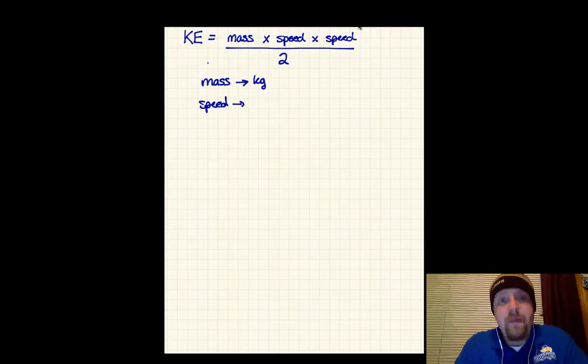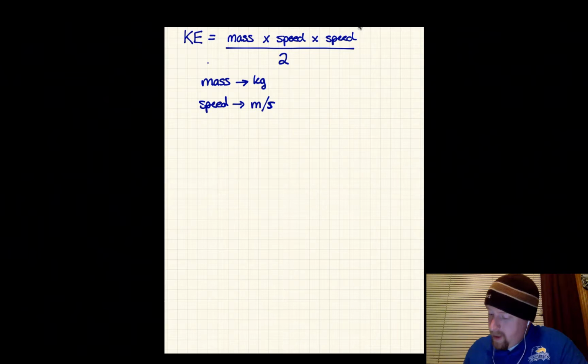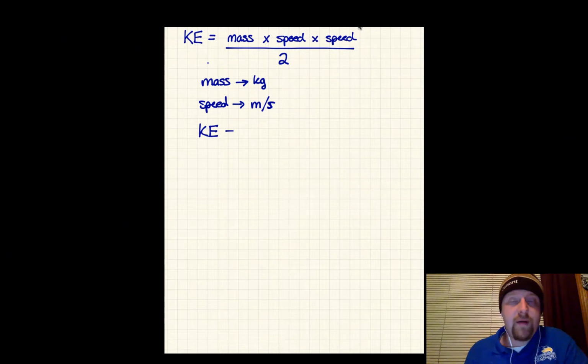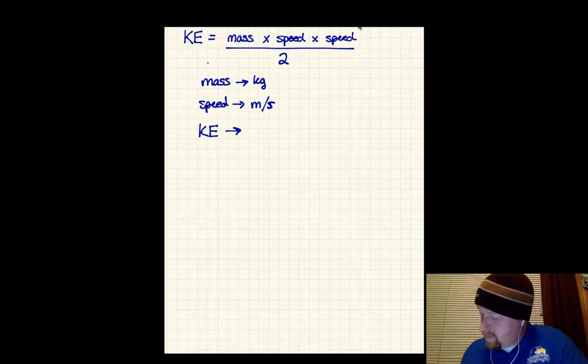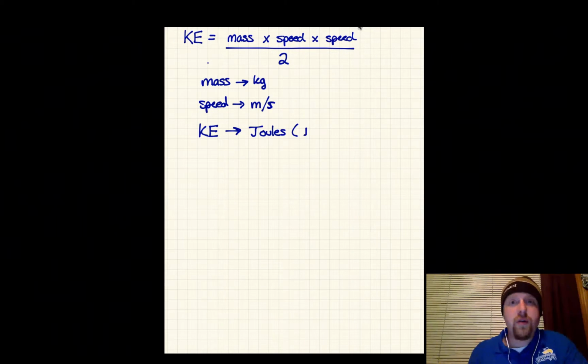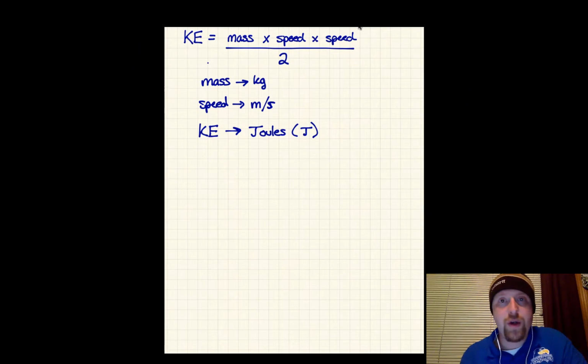We cannot have speed in miles per hour, because when it's all said and done, kinetic energy will have units of joules, which is the universal unit for energy. So that's a recap of yesterday's equation.